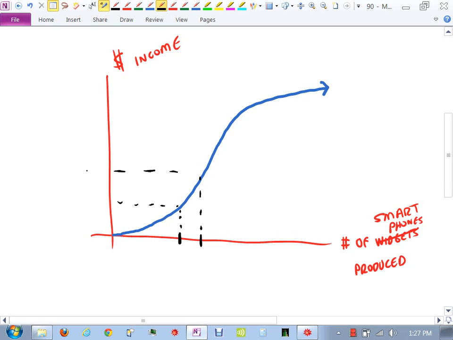But there's an important point on this graph, the inflection point. Okay? The inflection point is where the smile becomes the frown. It's probably somewhere in here. And in economics, in business, this is called the point of diminishing return.